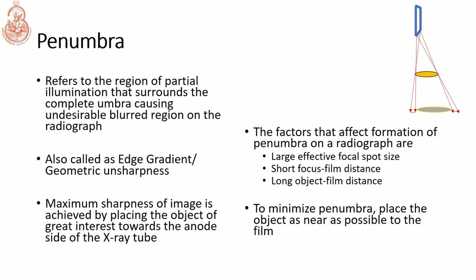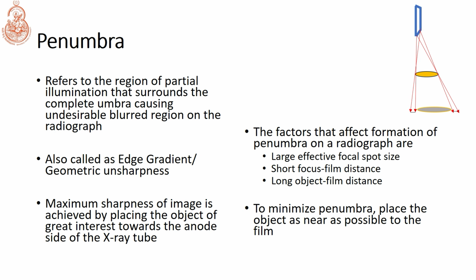The maximum sharpness of the image is achieved by placing the object of great interest towards the anode side of the X-ray tube. If we look at the picture over here, the anode is rectangular in size and it has a tapering on the edges.